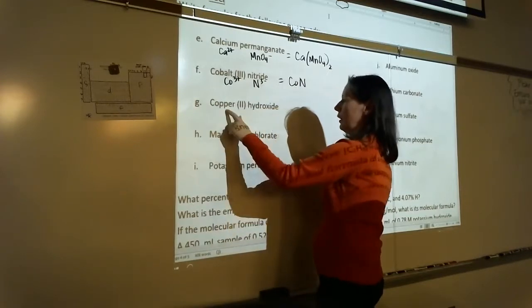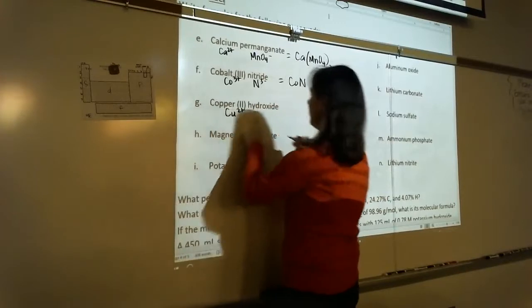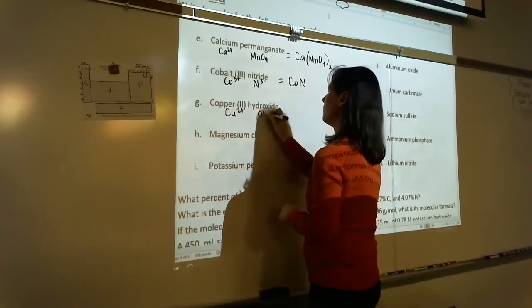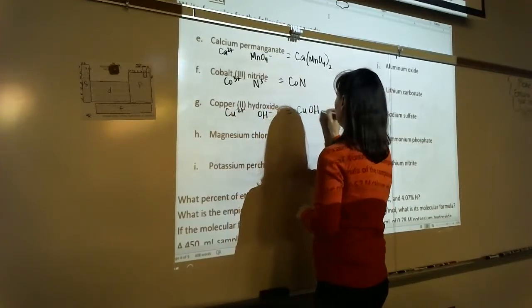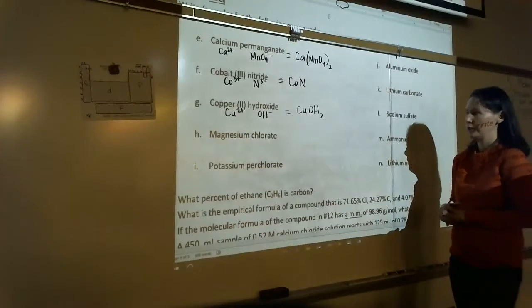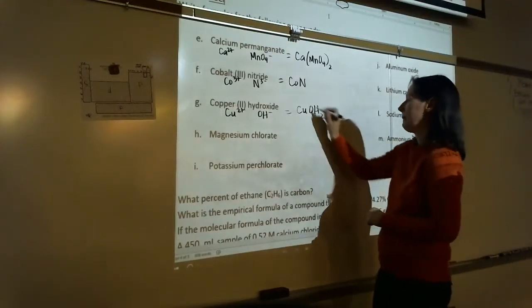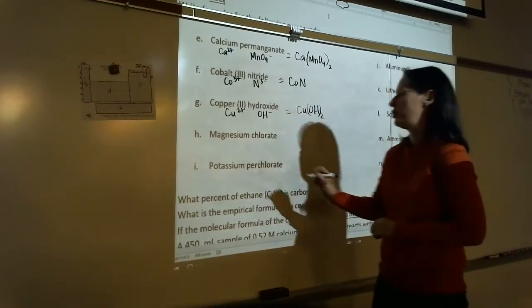Yep. Copper 2, Cu2+. Cu2+, what's hydroxide? OH-. I see this all the time. Is that acceptable? No, what's wrong? Use parentheses where? Around your OH. Around the OH. Good.